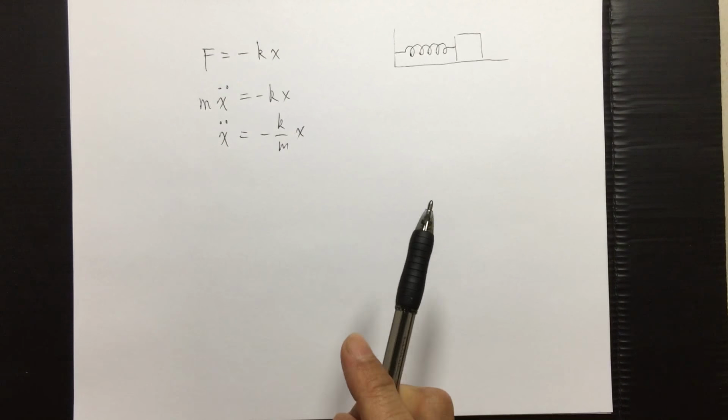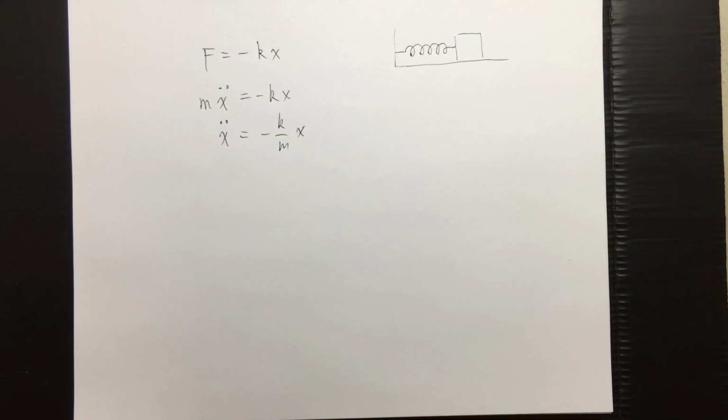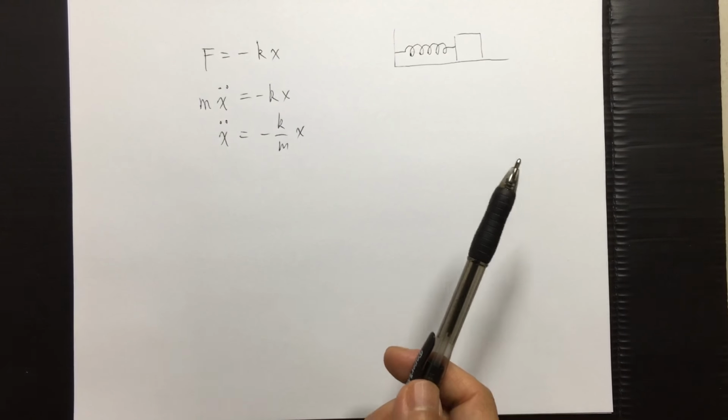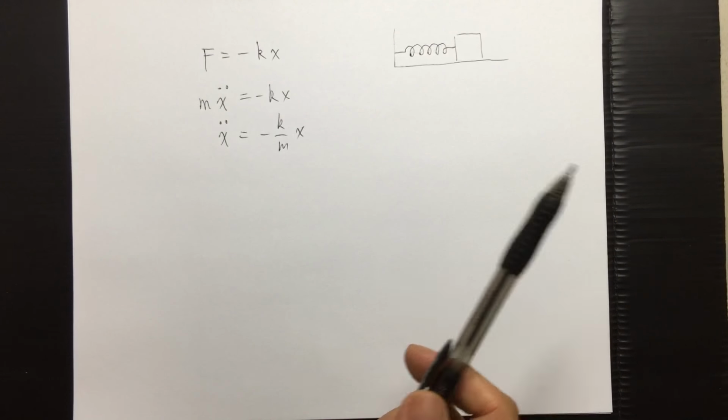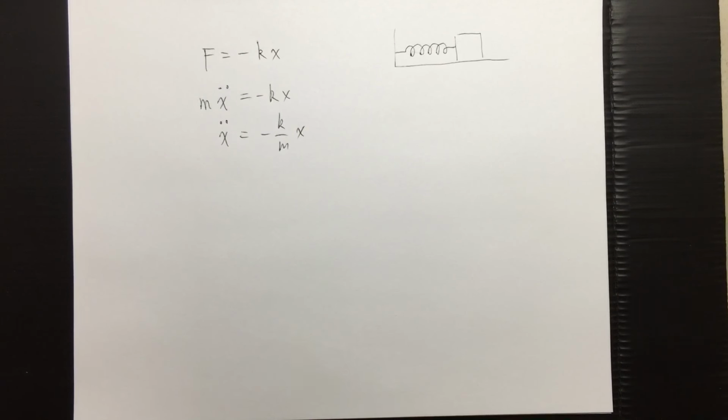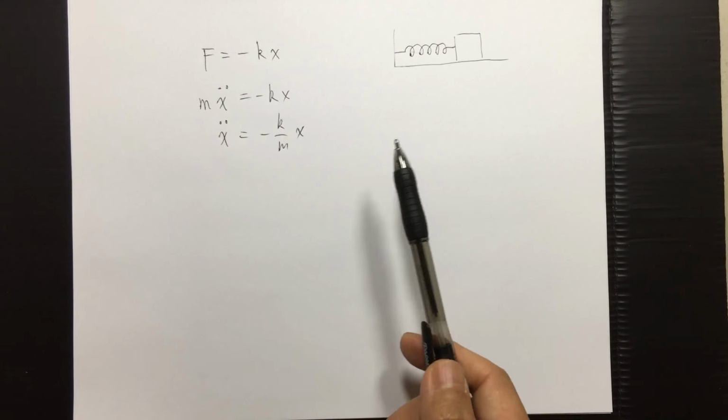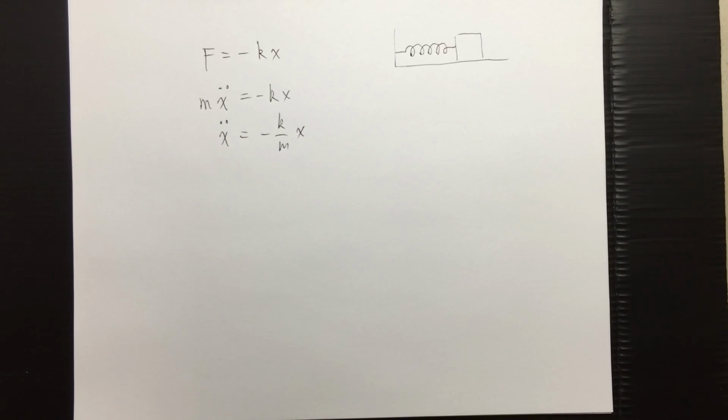What's the difference between the original equation and this one? The original equation, you can differentiate it and get everything else. But what's the difference between the original equation and this one? The original one solves for velocity.